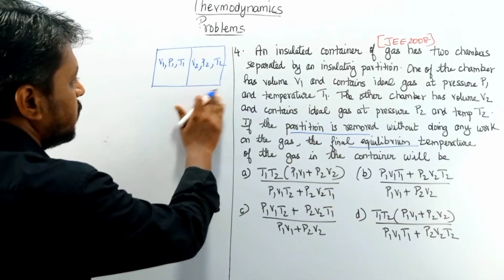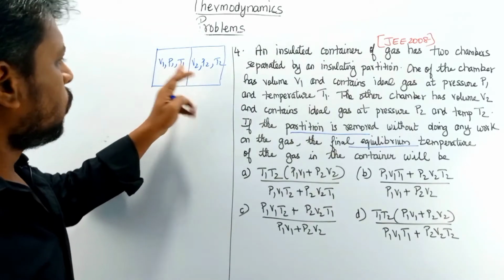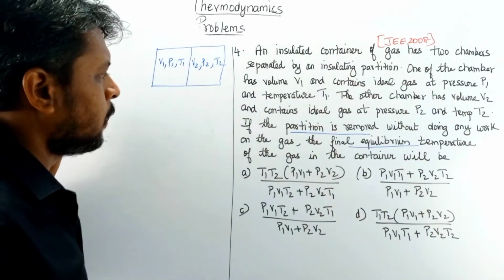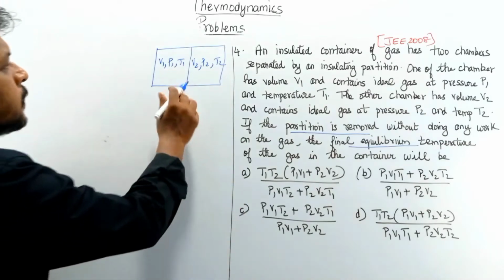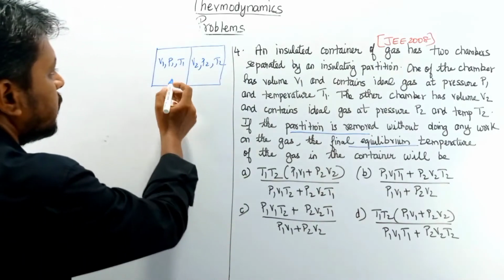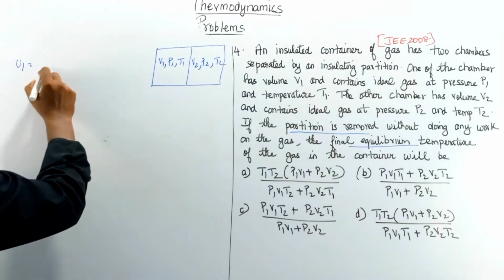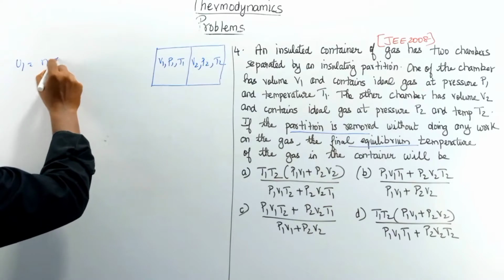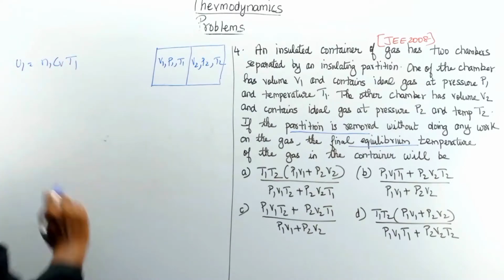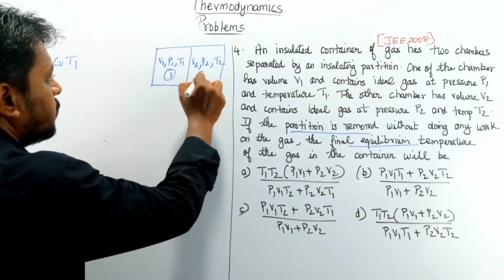Now see that as it is an insulated container, there will be no change in internal energy. So the total energy will be the internal energy of the two chambers. U1 can be written as N1 CV T1. Let us take this as 1 and this as 2.